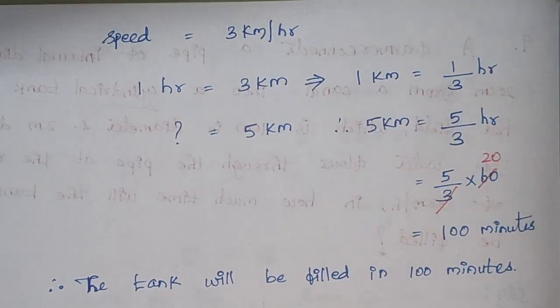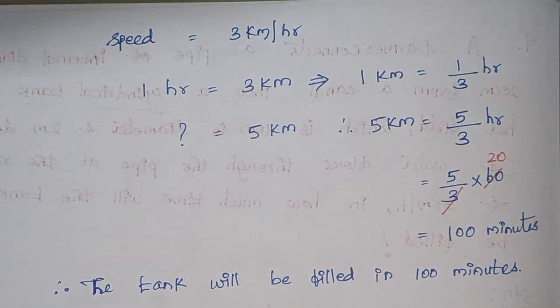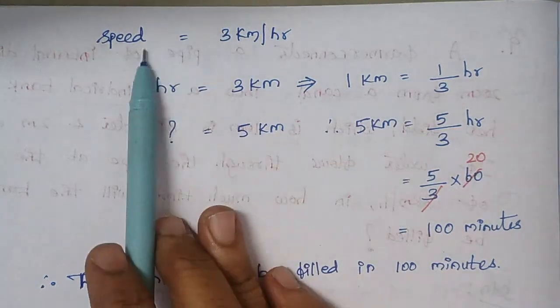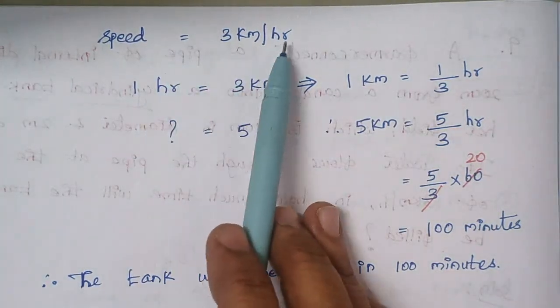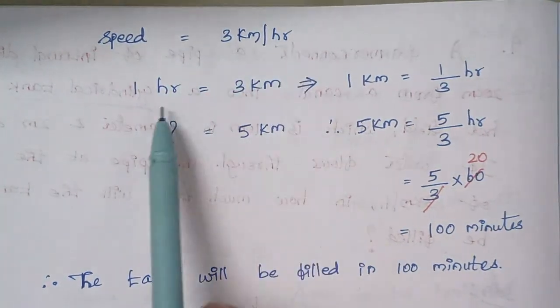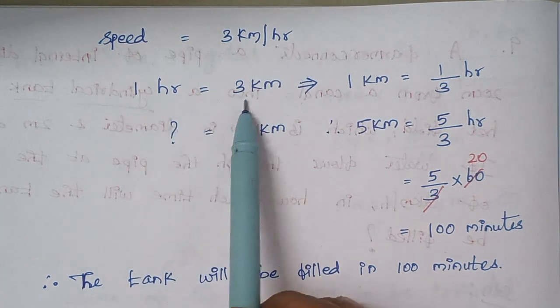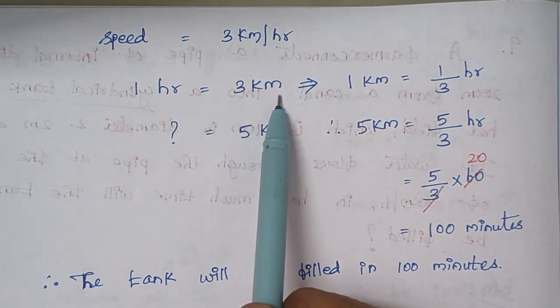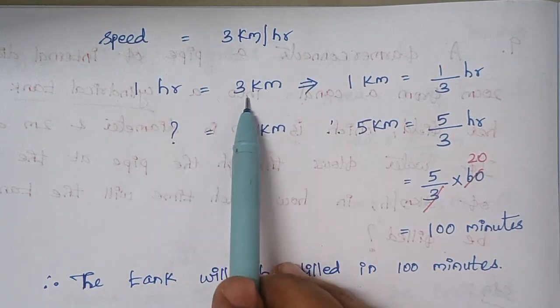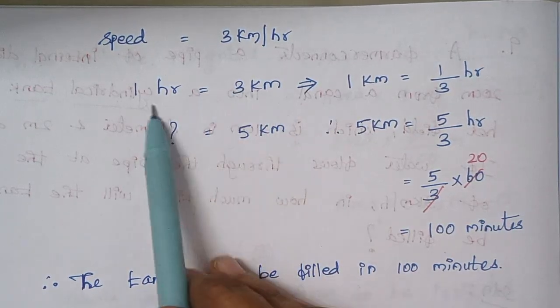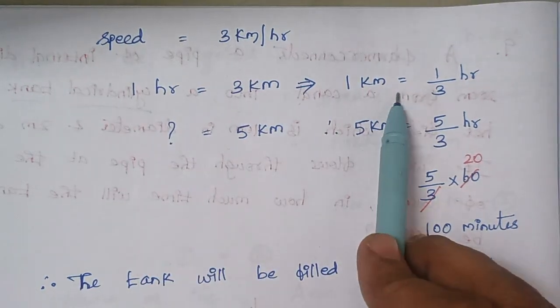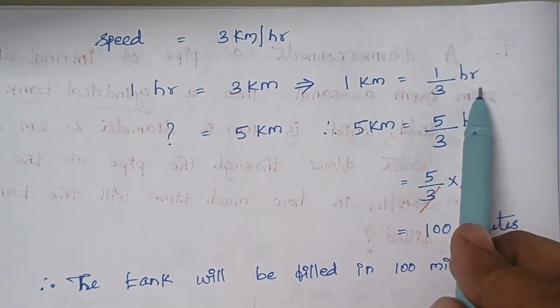Now, here we need to calculate the time at which the tank gets filled. The speed is given as 3 kilometer per hour. What does it mean? That is for 1 hour, 3 kilometer. So what happens for 1 kilometer? You have to move this 3 here. So for 1 kilometer it is 1 by 3 hour.